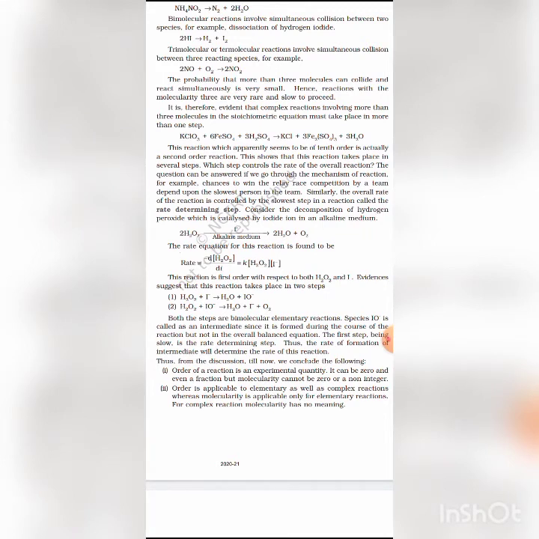Student, pseudo first order reaction. A reaction which is not truly of the first order but under certain conditions becomes a reaction of the first order is called a pseudo first order reaction.